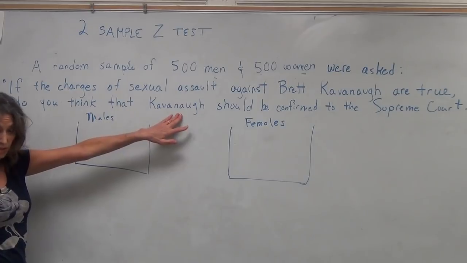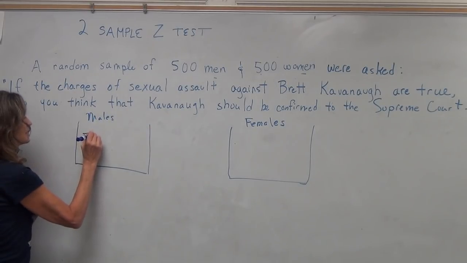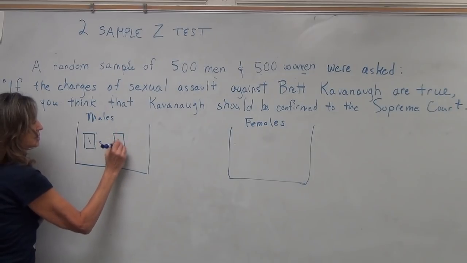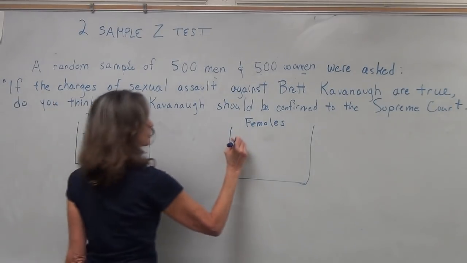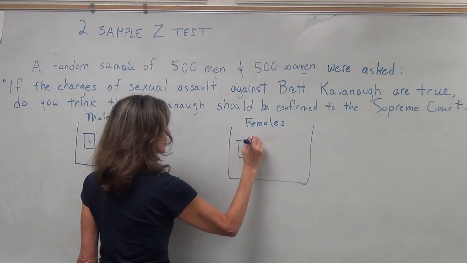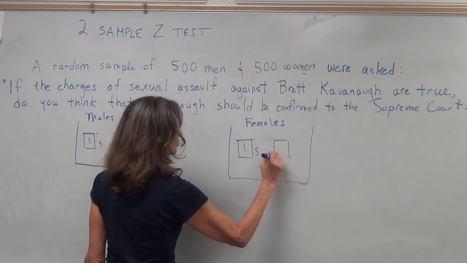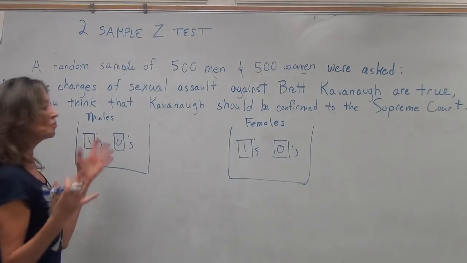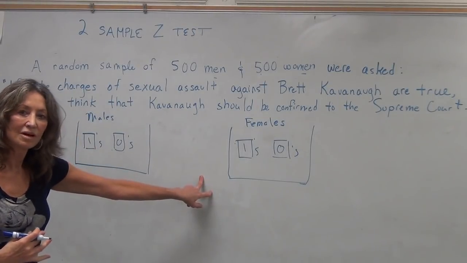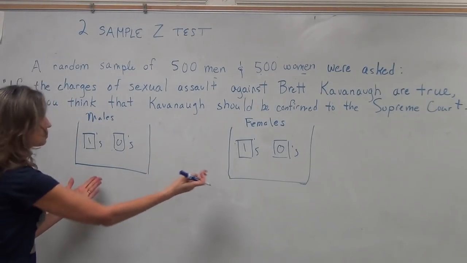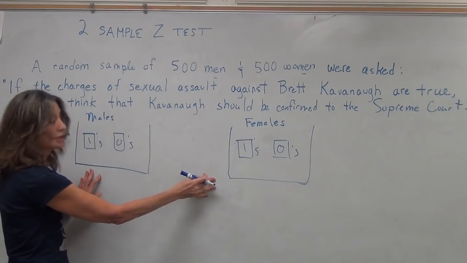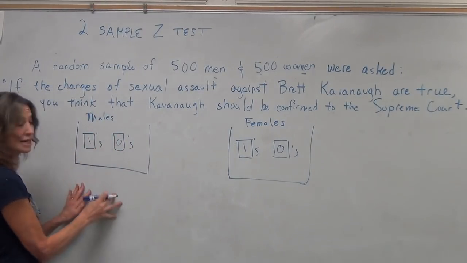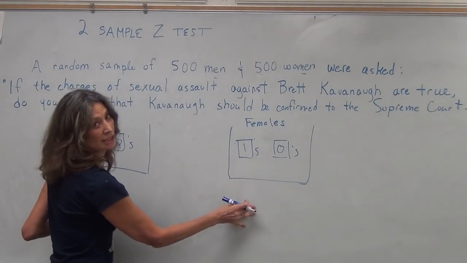It's a yes/no question, so there'll be ones and zeros. We don't know what the true percentages are of the whole population, so we randomly take a sample of 500 tickets out of here and 500 tickets out of there.